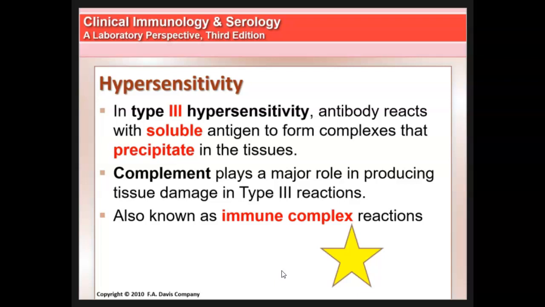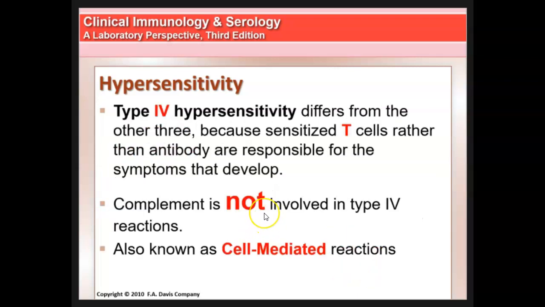So think about what's actually happening. You have an antigen that's soluble and floating around in the serum, and it's complexing to antibodies, and those are precipitating out in the tissues, just like we can see precipitates in our reactions in the lab. Those precipitates are falling in the tissues and settling there, and that is what is going on. That's bad. So these are known as immune complex reactions.